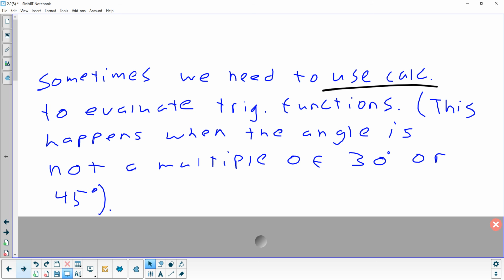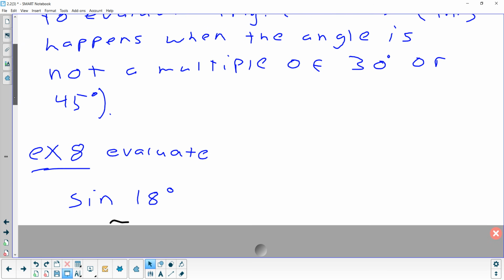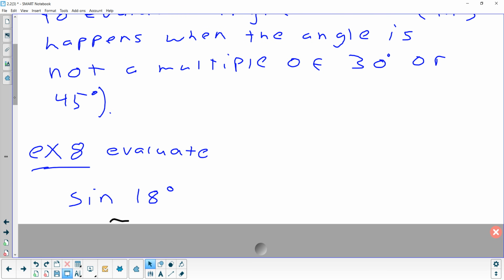So for that kind of problem, we're going to use the calculator. And tomorrow, when we do a review, I'll have the calculators out, so you'll be able to try it and get used to how to do it on mine. Or if you have your own calculator, I can help you with yours. So here's an example of a problem that you would not be able to do on the unit circle.